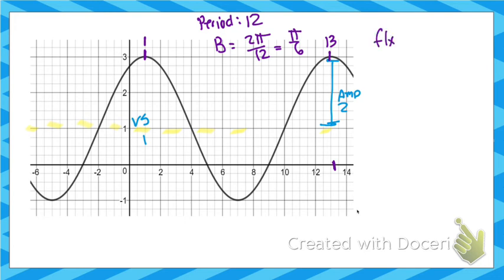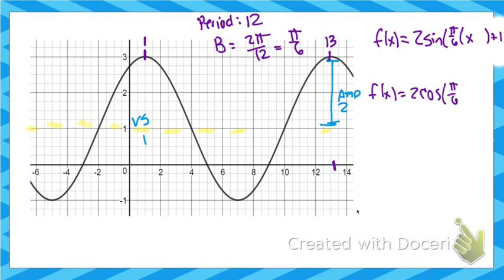So let's fill in what we know. We're going to have 2 sine pi over 6, we'll leave this for a second, and then I've got a +1. And I'll also write it as cosine. All right, and then let's find that phase shift.